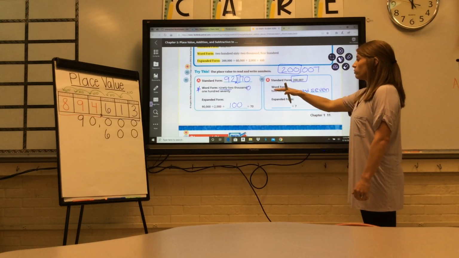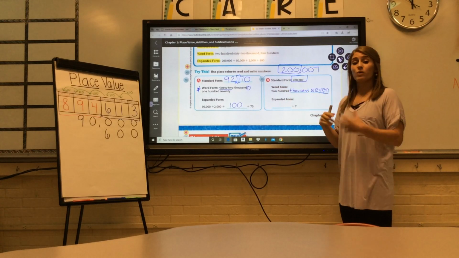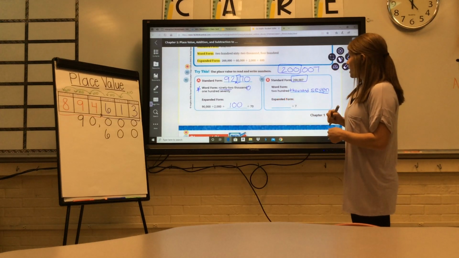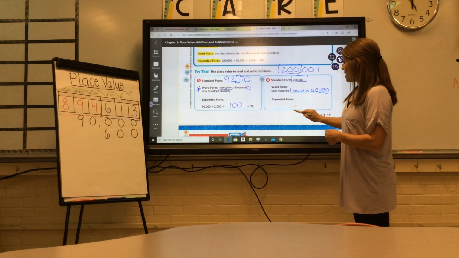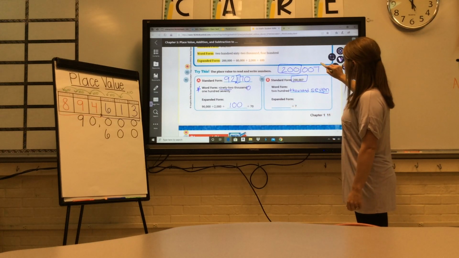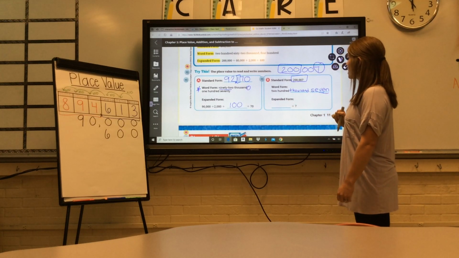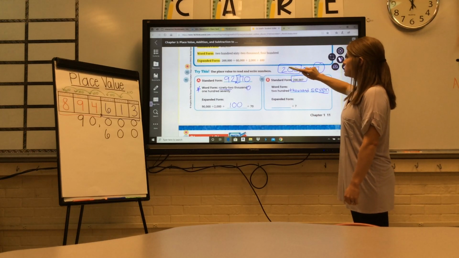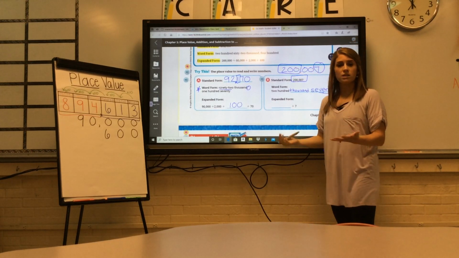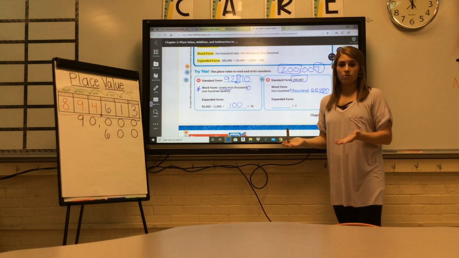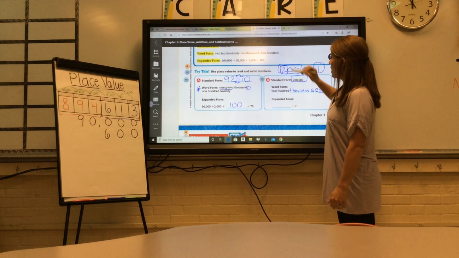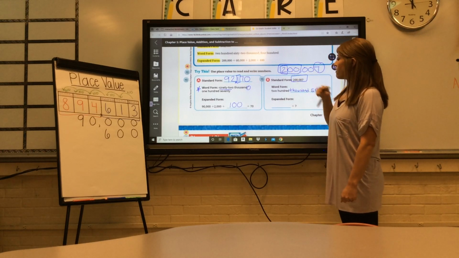200,007. We are writing it the exact same way we are saying it. Okay? Now for expanded form, they've given us a blank and then plus 7. So they've already given us the value of this 7. Now we've got to go find the value. Do we include zeros? No, because those zeros aren't going to add any value to our number. So we're going to look at this 2 and figure out what the value of this 2 is.